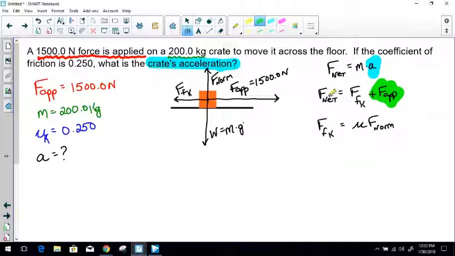Still need to find net force, but now we have a problem because we don't know the kinetic force of friction. But we do know that kinetic force of friction is mu times the normal force, and we're given all the information that we need to find this. So mu times the normal force is going to equal our force of friction, which we're going to put back here in this equation to find the net force, which we're then going to put here and solve for the acceleration. So let's go ahead and do that.